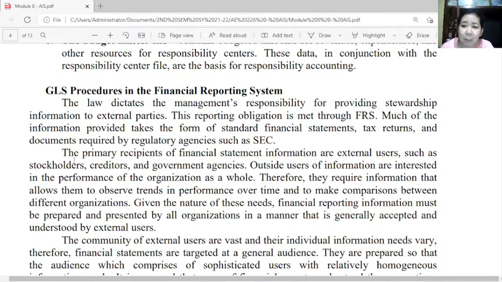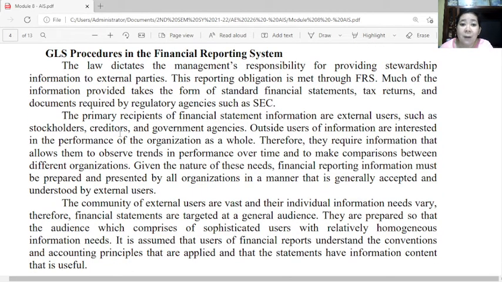Basically, much of the information provided takes the form of standard financial statements, and the guidelines are in our PFRS. Even for tax returns and documents required by regulatory agencies such as the Securities and Exchange Commission. The primary recipients of the financial statement information are the external users.